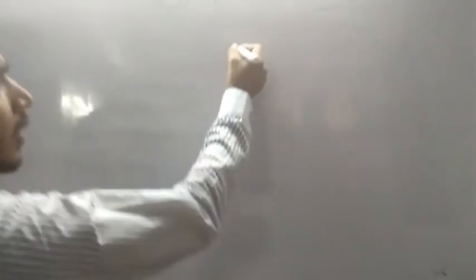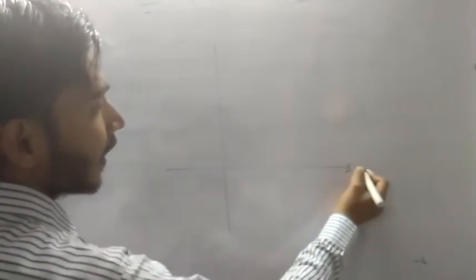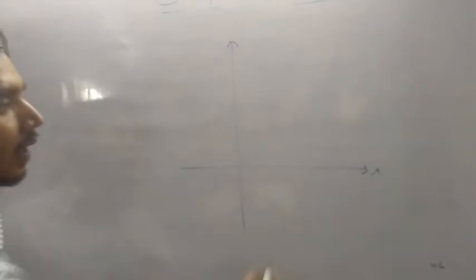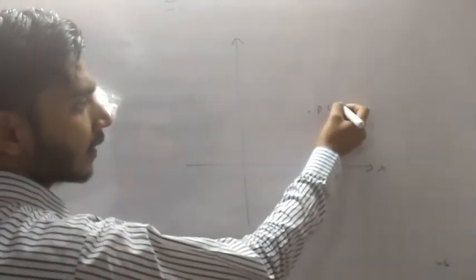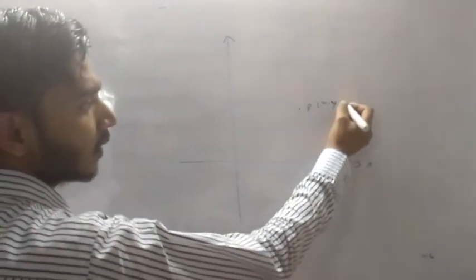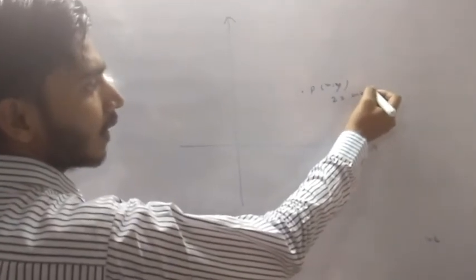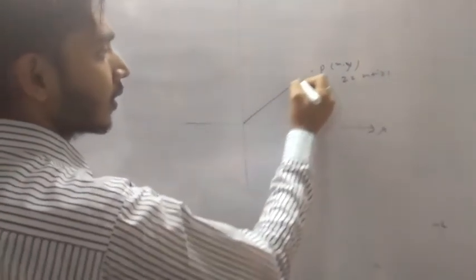Now, representation of a point of a complex number. If we have an xy plane and a complex number, point P(x, y), z is equal to x plus iy. This angle is called theta.